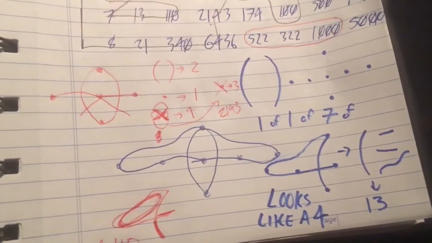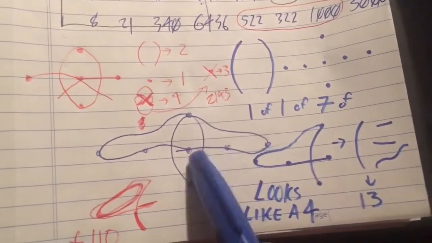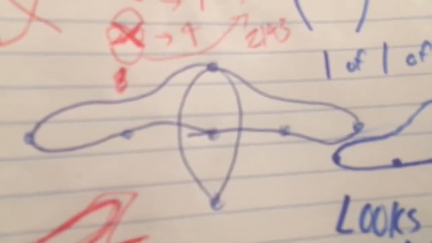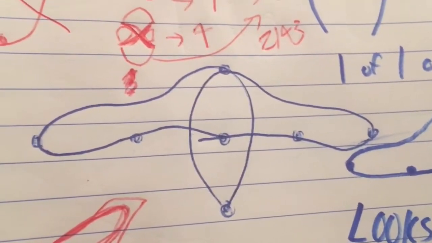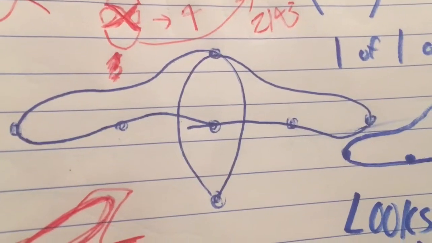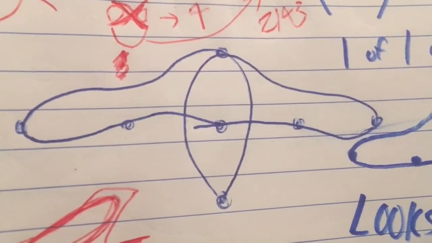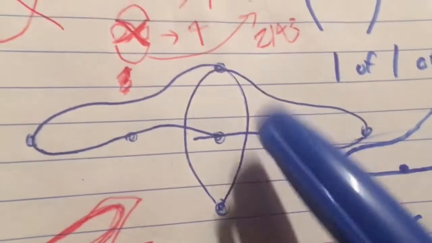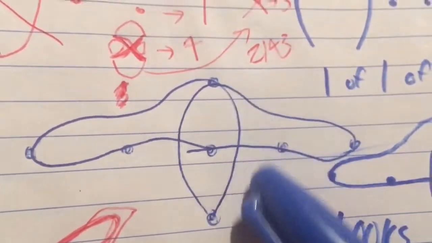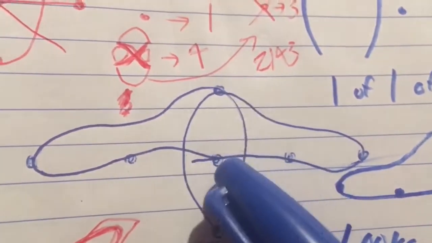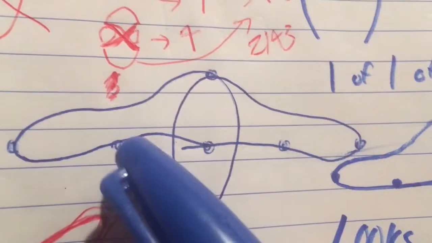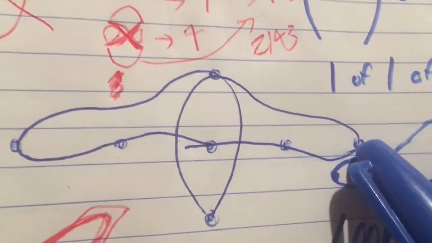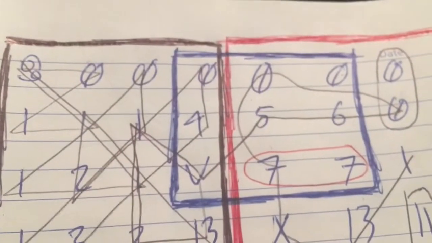Alright, it says it's 3:22 in the morning. This image right here means 1 of 1 of 7 of 13 of 110 of 2143. Here's how. You're 1 of 1 of 1, 2, 3, 4, 5, 6, 7 base units. Okay.